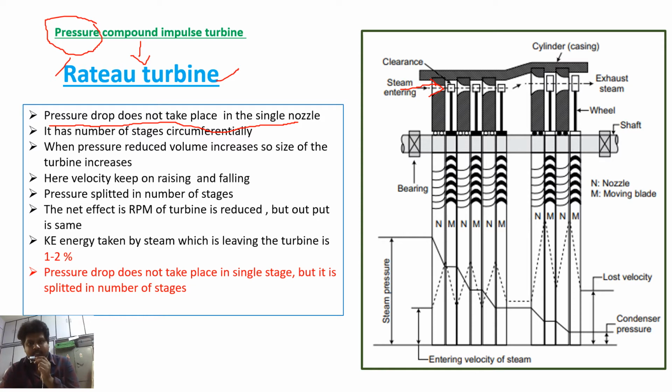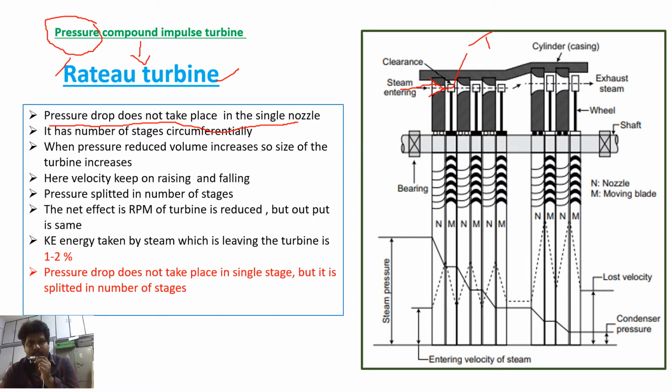With the high velocity, the steam passes through the turbine blade. When it passes through the turbine blade, it exerts a force on the blade so that the turbine will rotate. Since the turbine blades are attached to the shaft, the shaft will rotate. This shaft is connected to the generator so that it will give electricity.